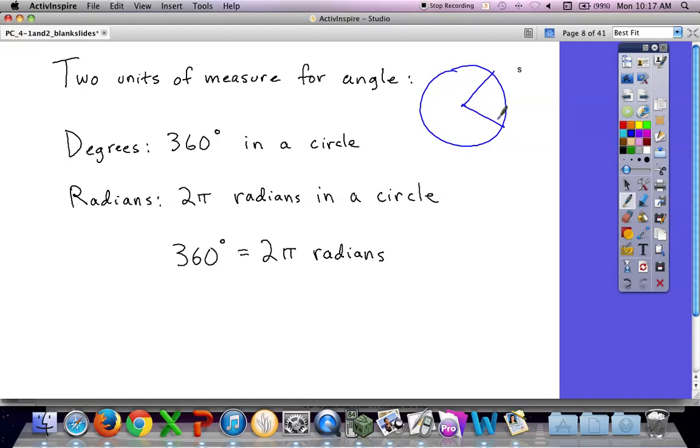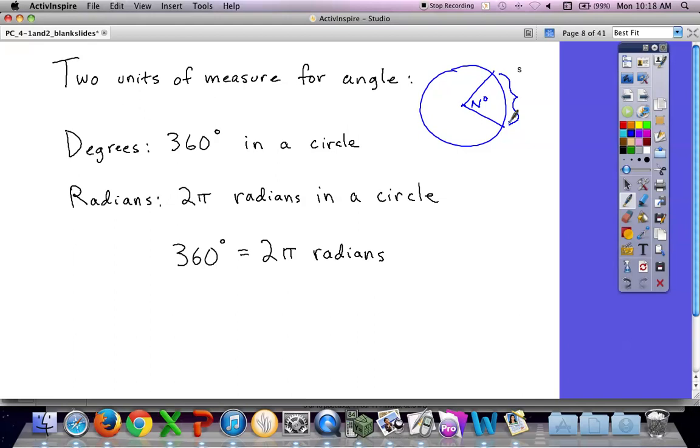Let's say here's my angle n degrees. Instead of measuring it by the degree measure there, we're going to measure by the length of that piece of the circle, the arc length. How long is that piece? That's what radian measure is.